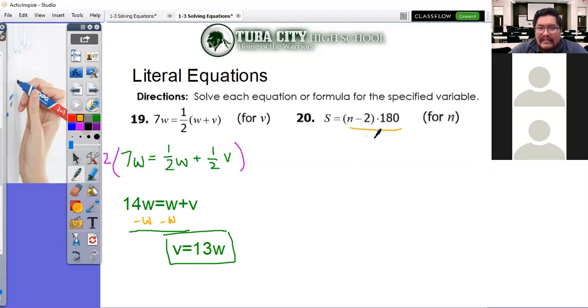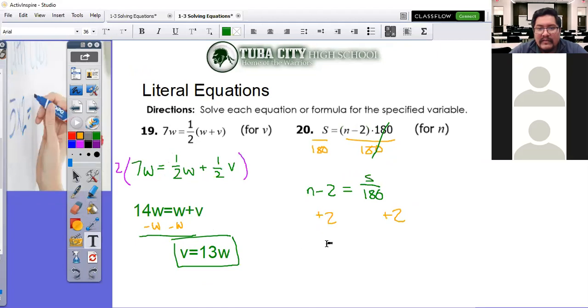Divide both sides by 180. And I'm going to switch sides again. So this is going to cancel out the 180. Now remember, this is a group times 180, so actually it would stay the same. So this would be n minus 2 equals s over 180. And from here, I would just add 2 to both sides. And that should be enough to get me what I need.